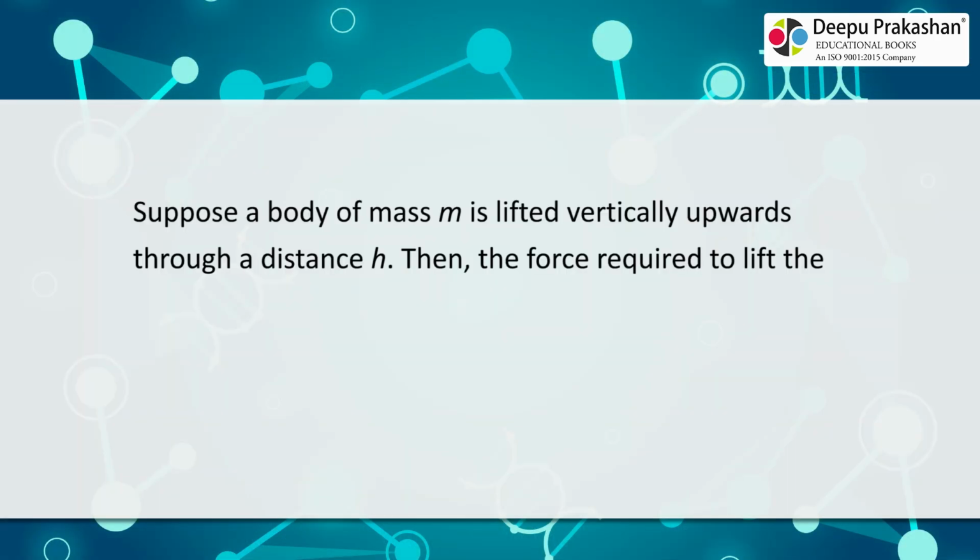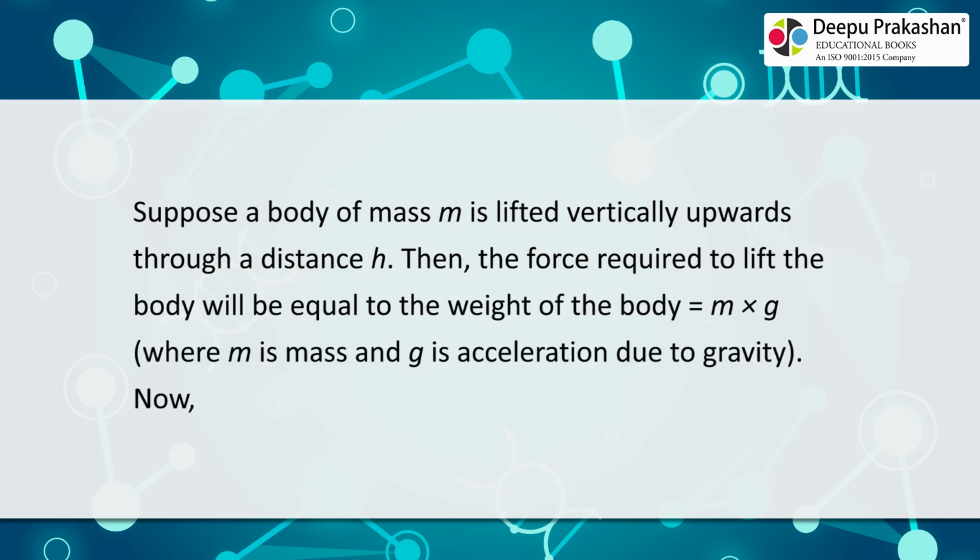Suppose a body of mass m is lifted vertically upwards through a distance h. Then, the force required to lift the body will be equal to the weight of the body, which is m times g, where m is mass and g is acceleration due to gravity.